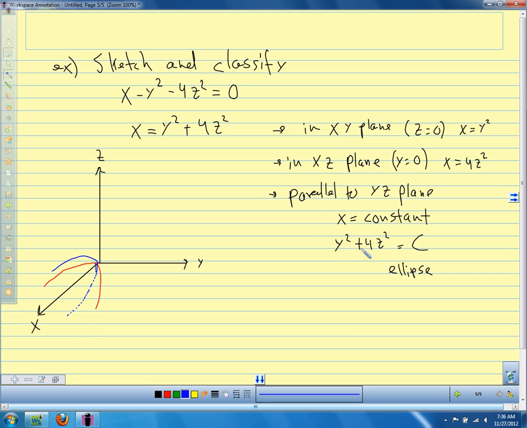And then parallel to the yz plane, we have ellipses. So if I connect these with green, I'm going to have an ellipse here. So what this surface is going to look like is, I think of it as kind of like a flashlight beam, I guess, but then the sides would be parallel, like the lens of a flashlight.